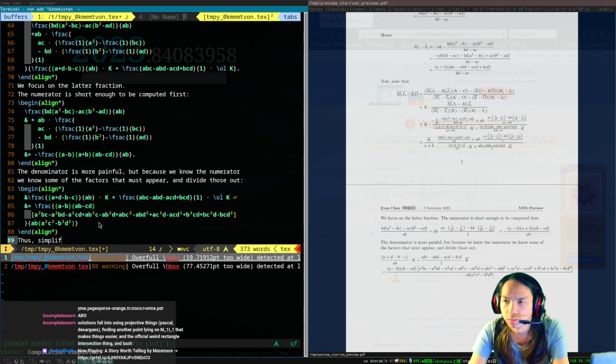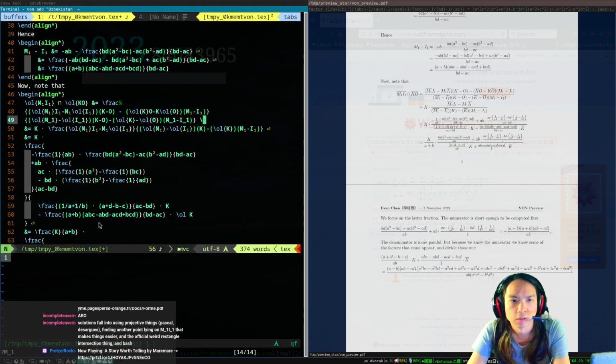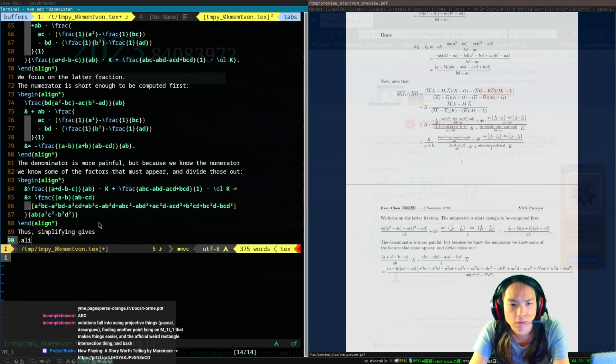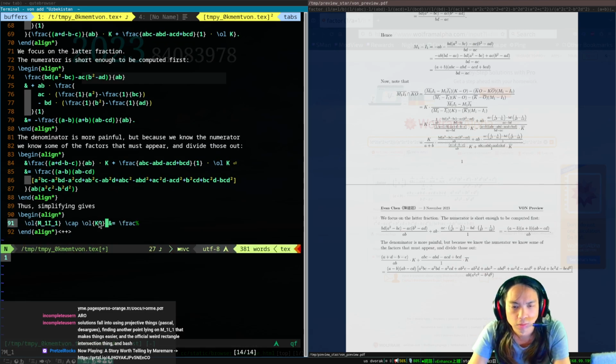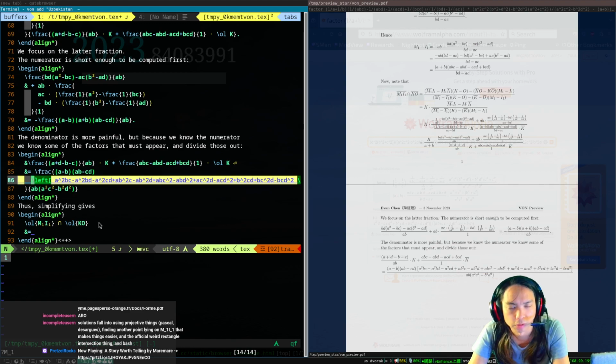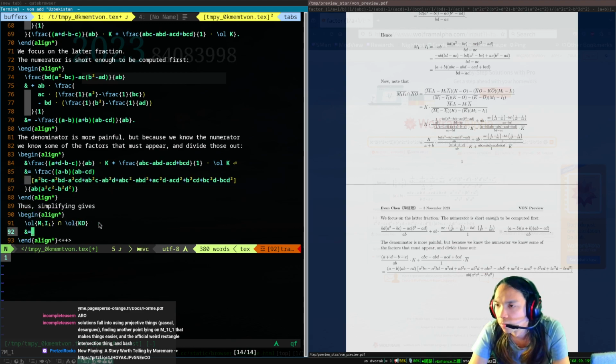Thus. Okay, so it's like this giant blob, the main factor must be A plus B. So AB minus CD, AB.